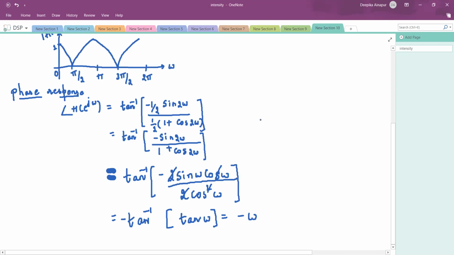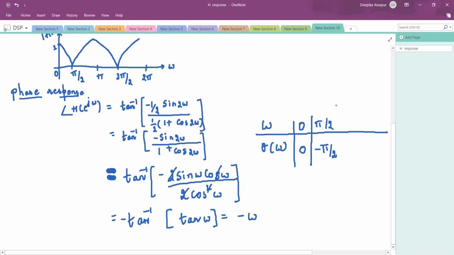So how will you write this? Again, take different values of omega and calculate the phase response in this way. If I take omega as 0, it is minus 0, so 0 only I'll write. If I take pi by 2, it is just minus pi by 2.